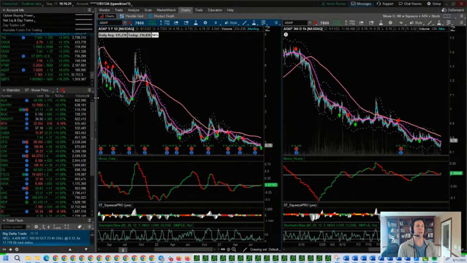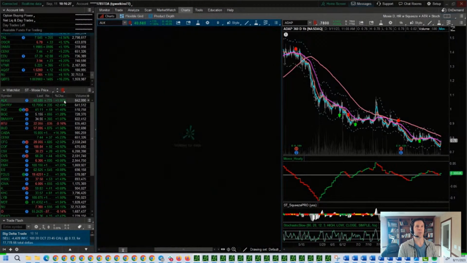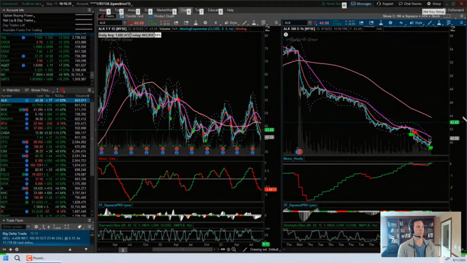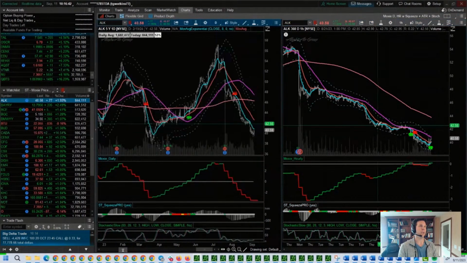And we come in through here, and this tells me every stock that has an hourly Moxie price trigger. So if I click on ALK, what you see is right here, today we are getting an hourly Moxie price trigger. Now, that could really mean something, but we also have to make sure that the rest of the chart sets up. Clearly, ALK is still kind of in a downtrend, a bit of a bottom feeder if you're going to be going after that.